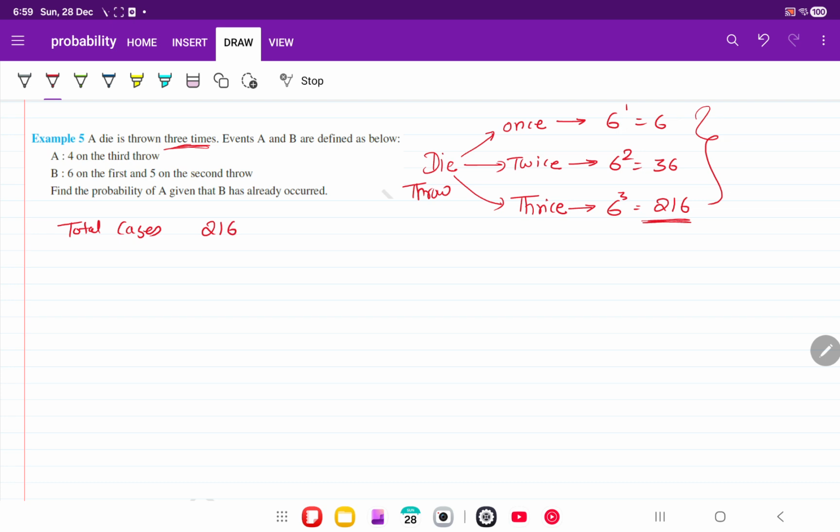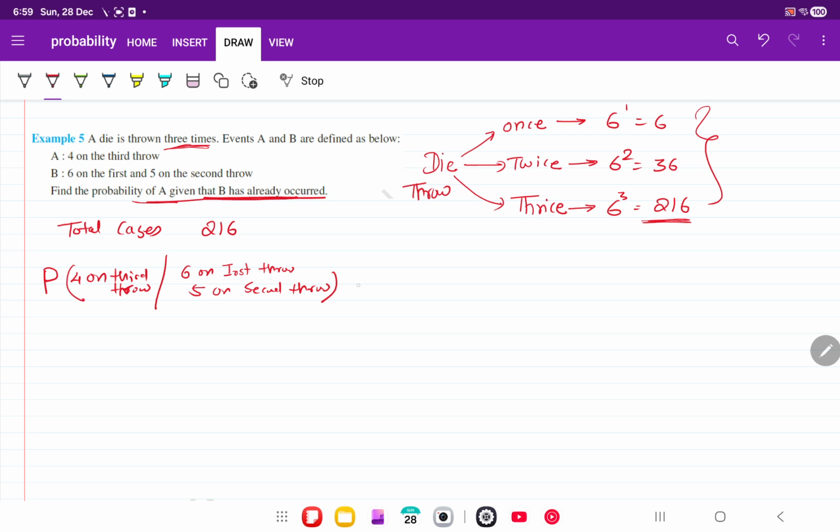Now they want the probability of A given that B has occurred. Probability of A means 4 on the third throw. The condition is 6 on the first throw and 5 on the second throw.